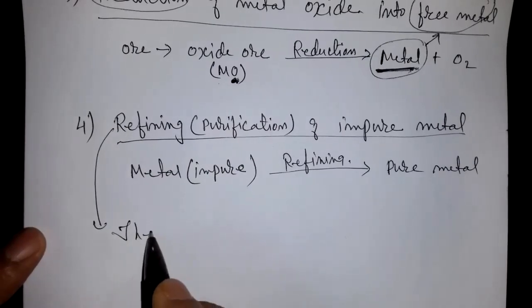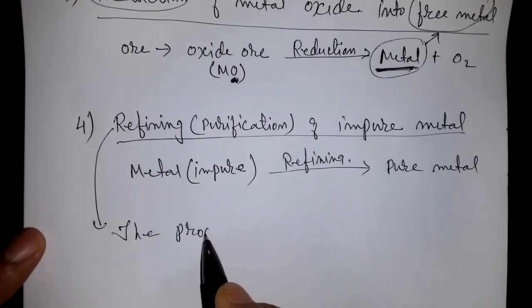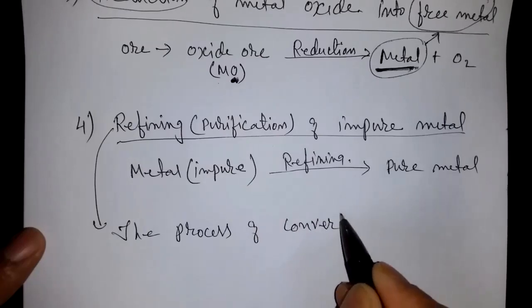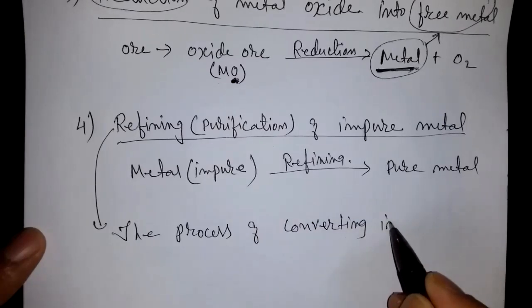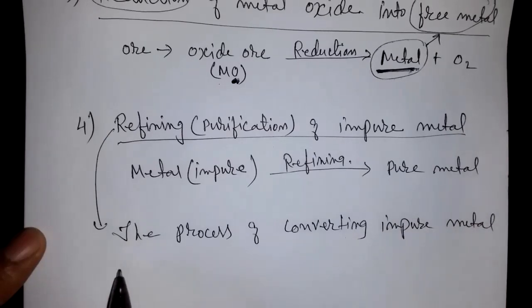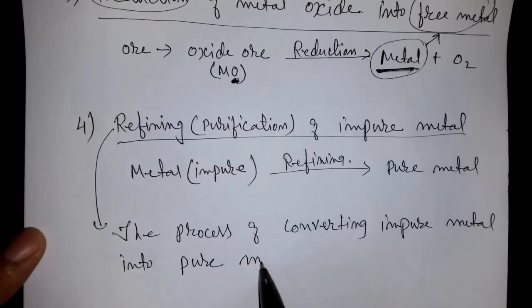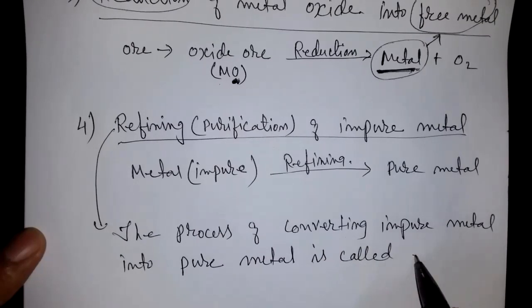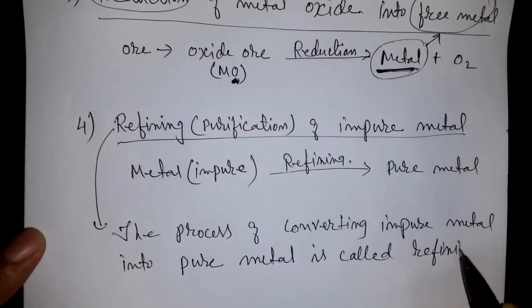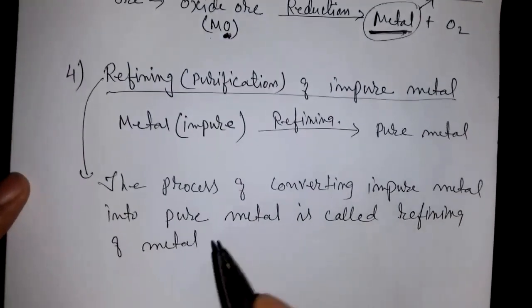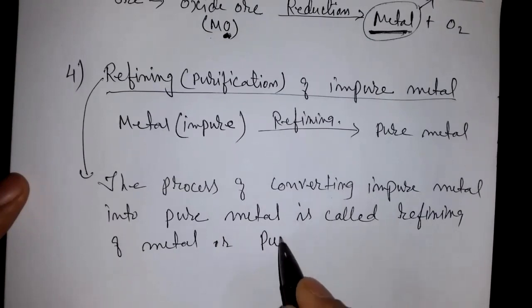The process of converting impure metal into pure metal is called refining of metal or purification of metal.